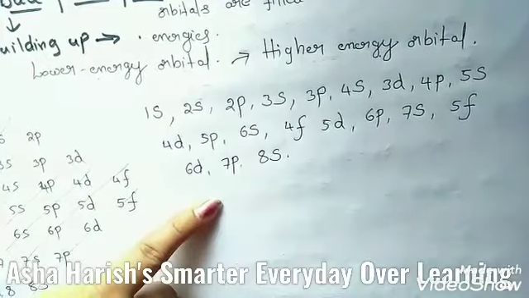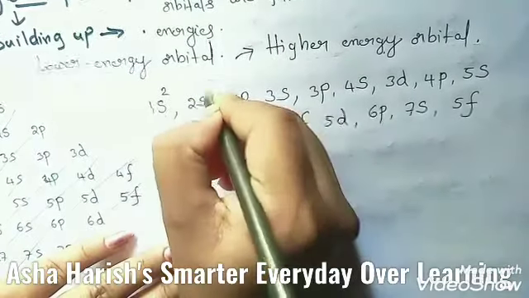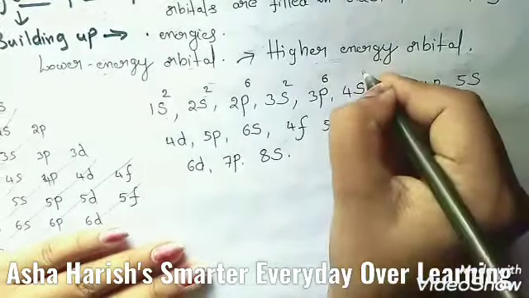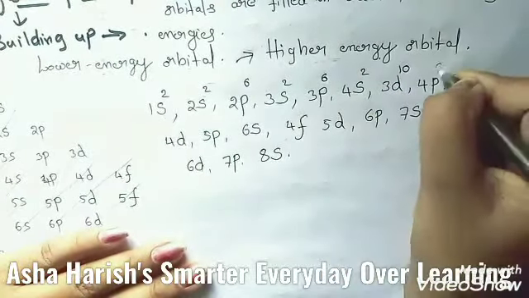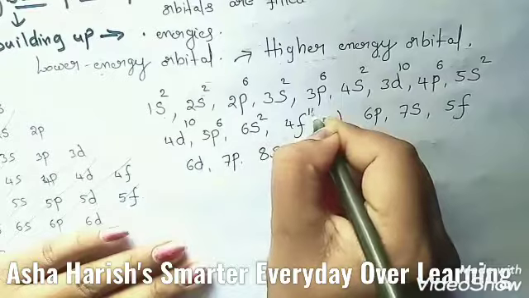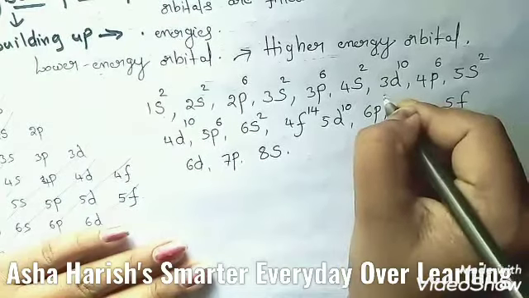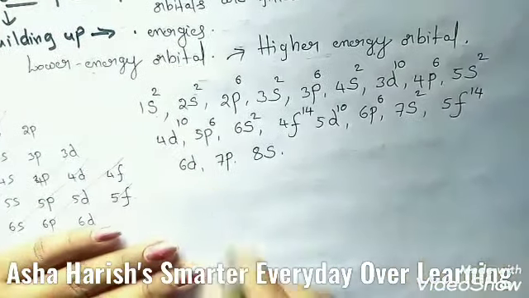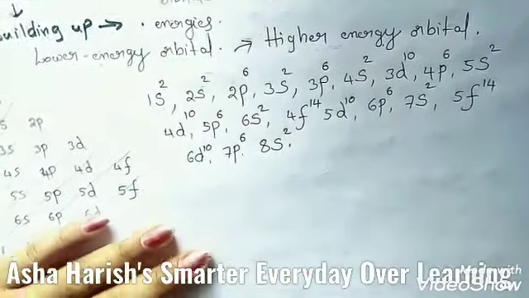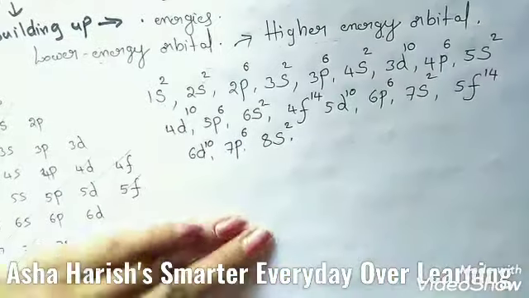The maximum number of electrons: the s orbital must contain 2 electrons, p 6 electrons, again s 2 electrons, d 10 electrons, p 6, s 2. The f orbital contains 14 electrons, p orbital again 6 electrons, d 10, p 6 and s 2. This Moeller chart and this order is helpful for us in drawing the electronic configuration, students.